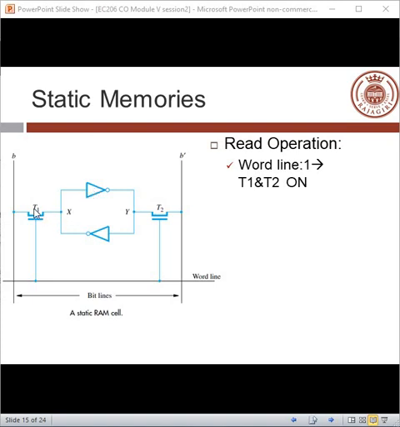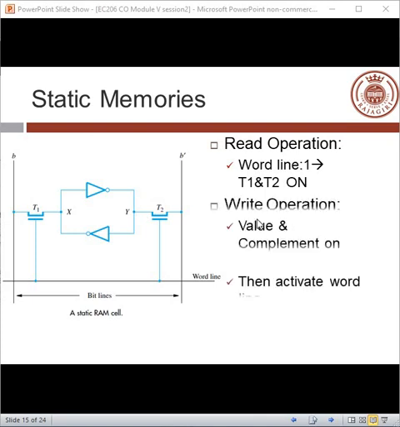So X will be available at B and Y will be available at B dash. For the write operation, the data we need to write will be provided on the line B and its complement will be given on the line B complement. Then we will activate the word line. Then that data will be stored in the latch.